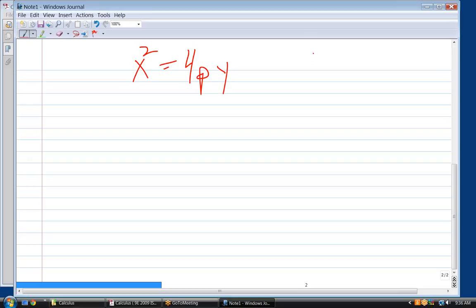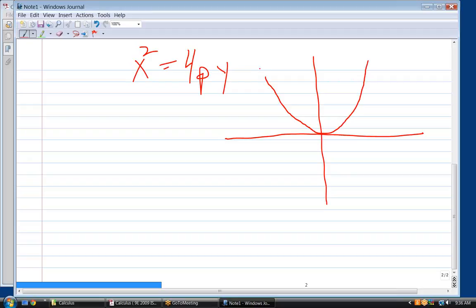And we know a couple of other things about the focus. Not only is the focus the p from the vertex, but they have this thing called the Latus Rectum.